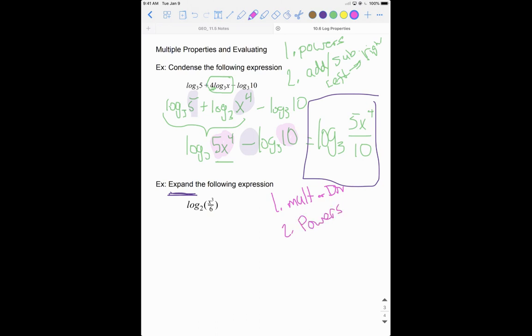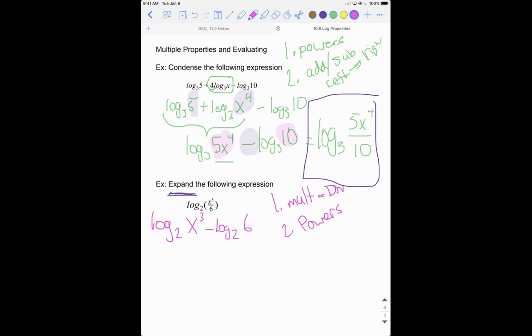First here, is there any multiplication or division going on? Well, this chunk right here automatically tells me there's some division going on. If we think about our properties, division goes to subtraction. So if we are expanding, we're trying to get multiple logs. So log 2, thing on top goes first. Log 2 of x to the 3rd minus log 2 of 6.